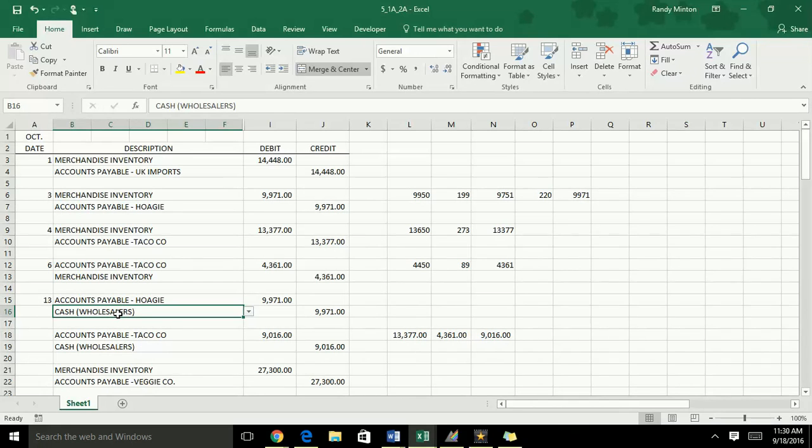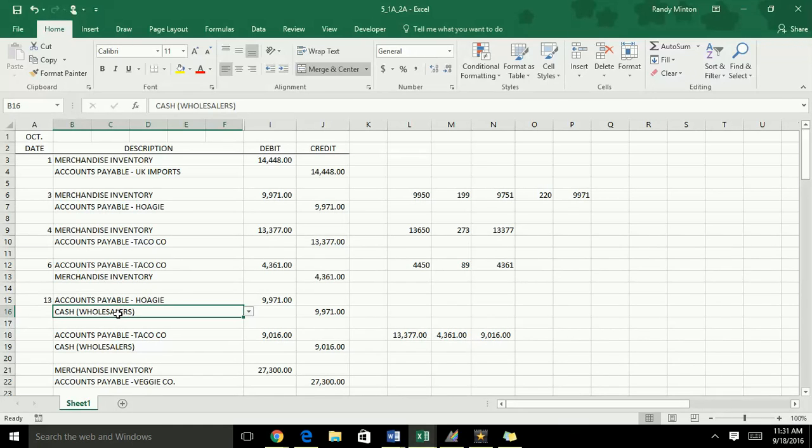cash. Now, since this is the first cash transaction, let me just point out to you that I've got parenthetically wholesalers. Now, the only reason I did that is so that you can kind of see where the cash went, because when we get into the next problem, you're going to have some sales that involved MasterCard and American Express and retail customers and so forth.